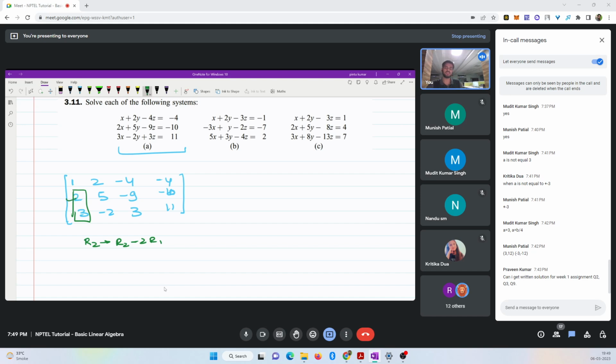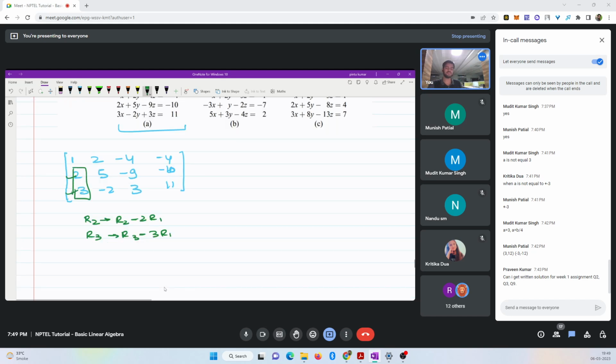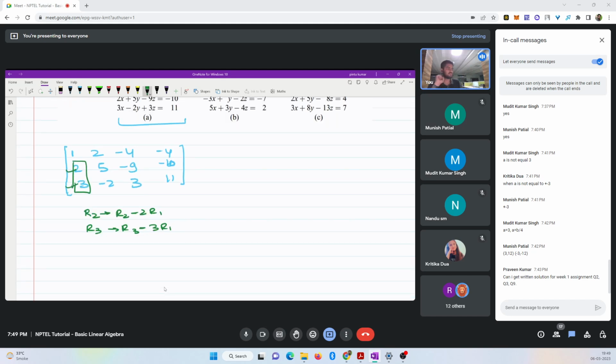So I'll make this 0, make this 0. And I also want R3 going to R3 minus 3 times R1. One thing you should be cautious about is that if I made a change in R2 here, then if you are making some change to R3, that should not involve R2. Then you would be making simultaneous changes and you would make an error.